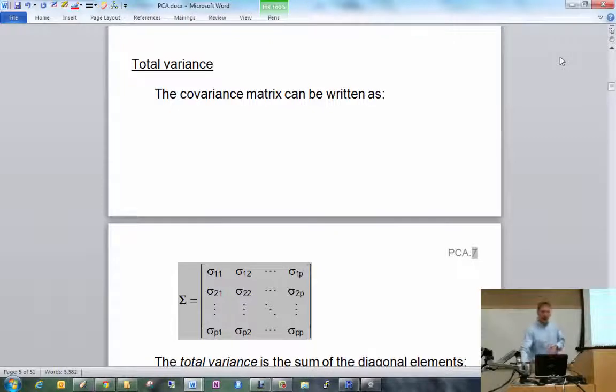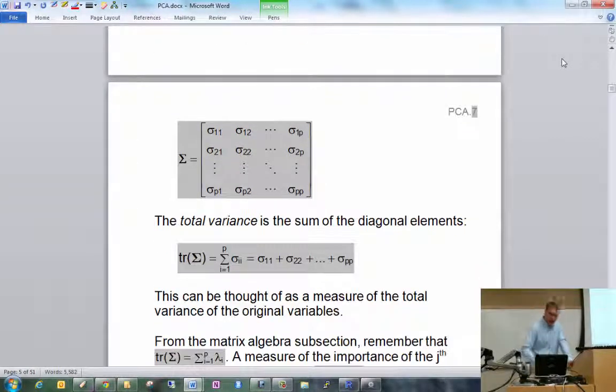Okay? And here's our covariance matrix. And of course, the variances lie on the diagonal. Again, this is a covariance matrix for our original variables. If you were to add those up, or in other words, in fancy matrix algebra terms, if you take the trace of that matrix, you get what's called the total variance.